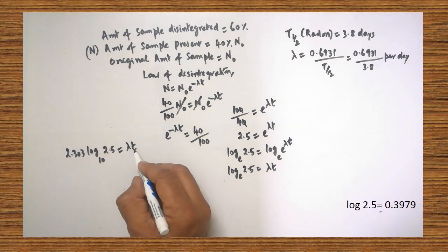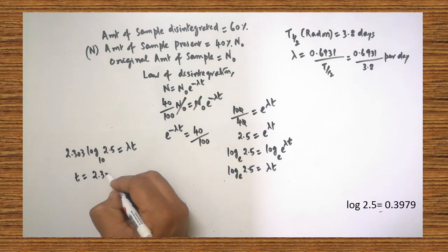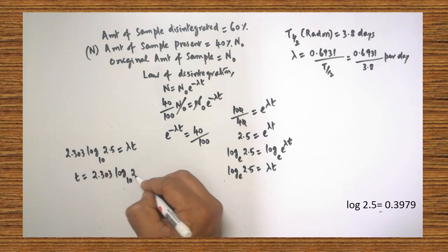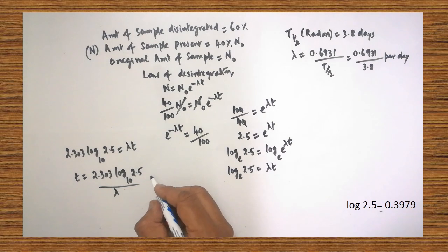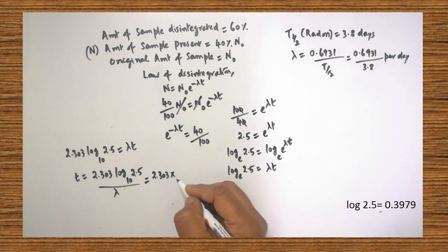So what is required? T is required. So T is equal to 2.303 log to the base 10 of 2.5, whole divided by lambda. Already lambda is found out. In the next step, the value of log of 2.5 must be known.